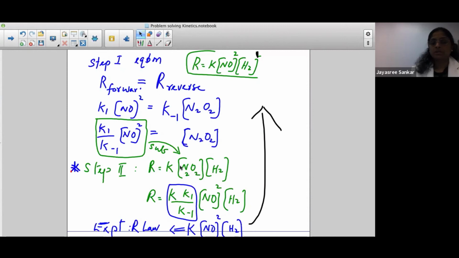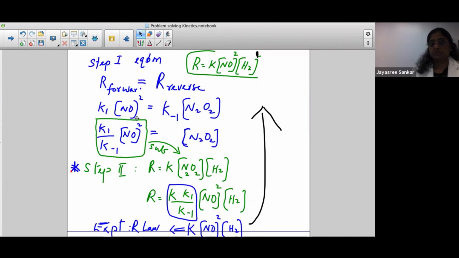Now I'm trying to find a proper replacement for N2O2. So for that, I'm going back to the step 1 equilibrium. Because it's a dynamic equilibrium, I can say that the rate of the forward reaction is equal to the rate of the reverse reaction. So k1 [NO]^2 is equal to k inverse [N2O2].